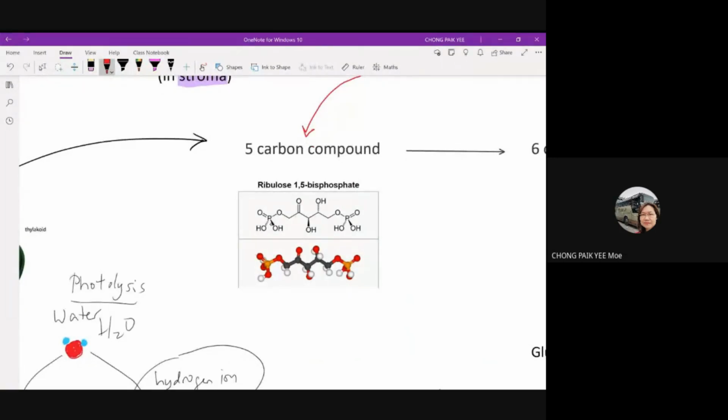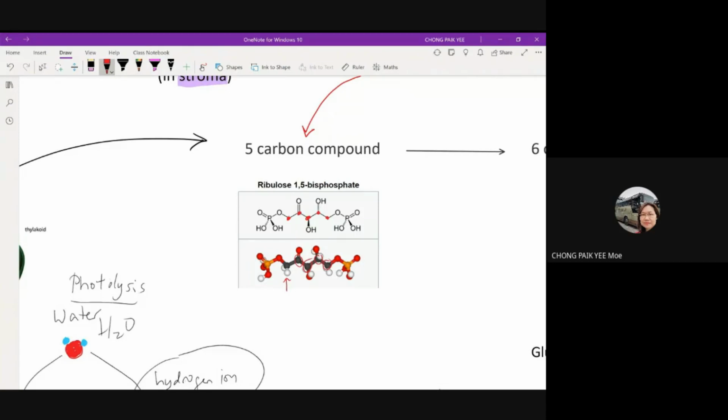There's 1 carbon here, another carbon here, the 3rd, the 4th, and the 5th carbon here. So there are 5 carbons. This is called ribulose 1,5-bisphosphate. No need to know the name. You just say 5-carbon compound.